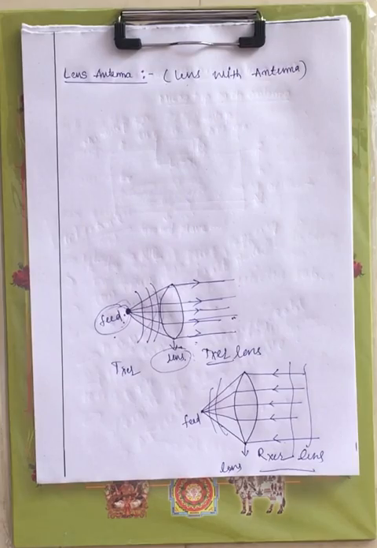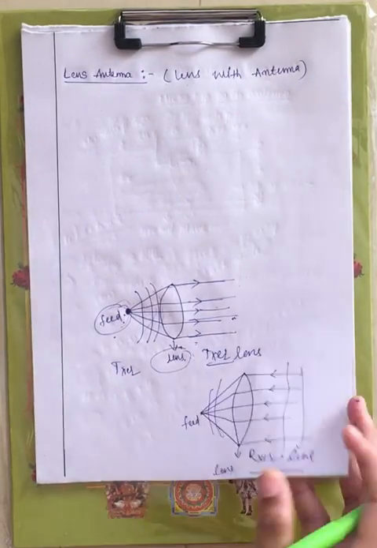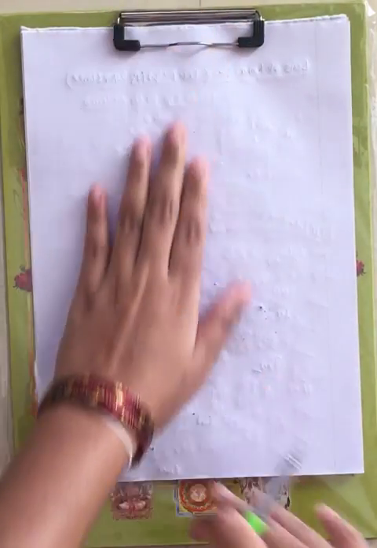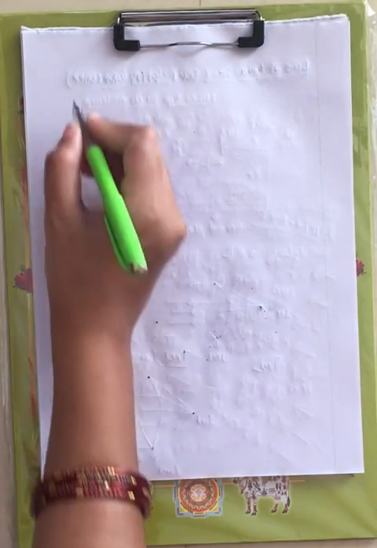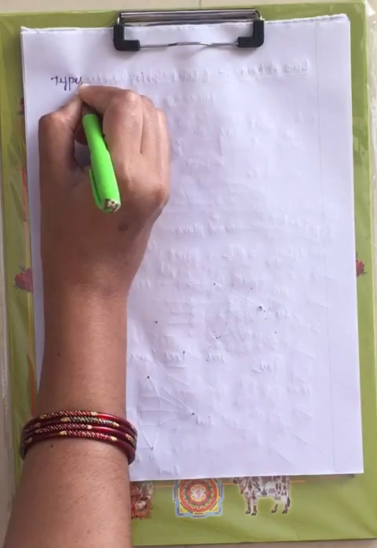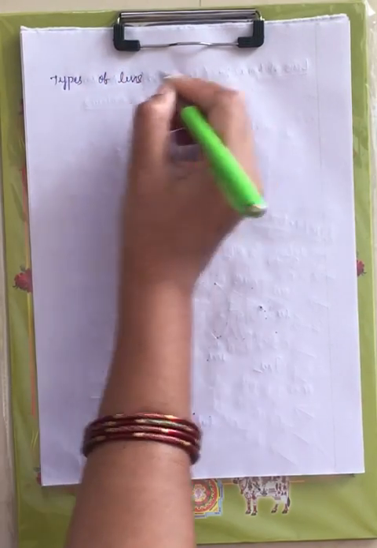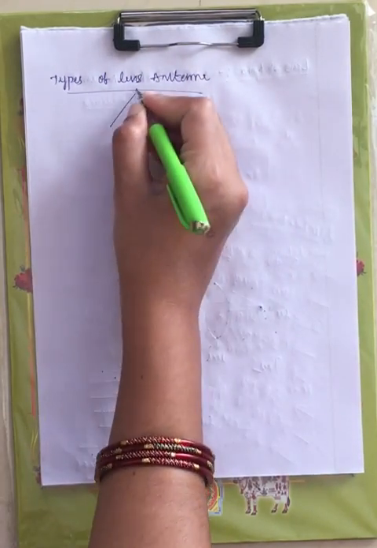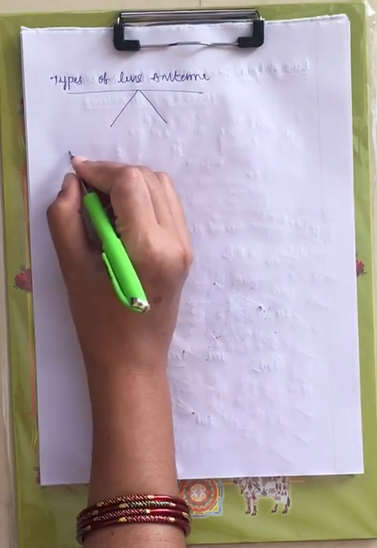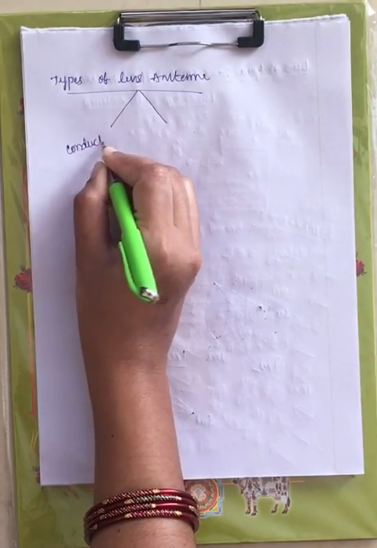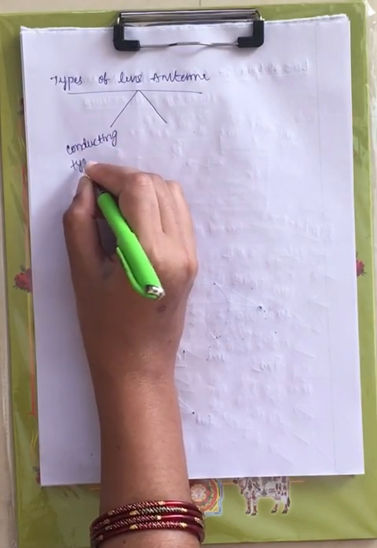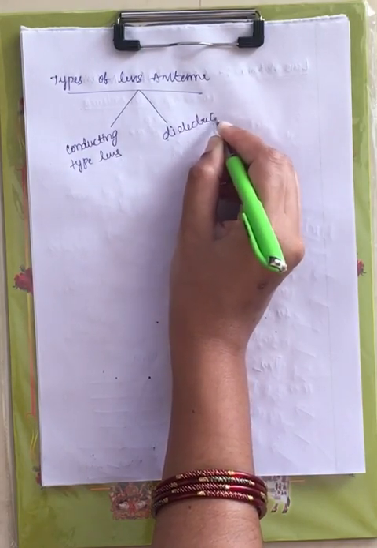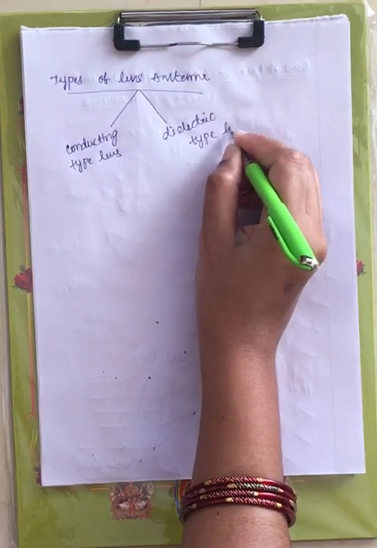Now let us see the different types of lens antenna. As I have said, a lens antenna is nothing but an antenna with a lens, and that lens may be either of conducting type or dielectric type, right?